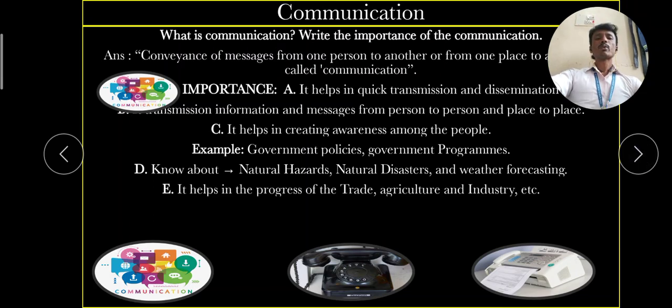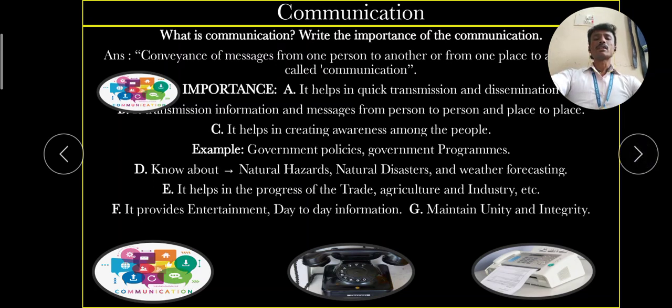And it helps in the progress of trade, agriculture and industry. It plays a very important role in the development of trade, agriculture and industry. And it provides entertainment. We get joy and day to day information about what happens every day.